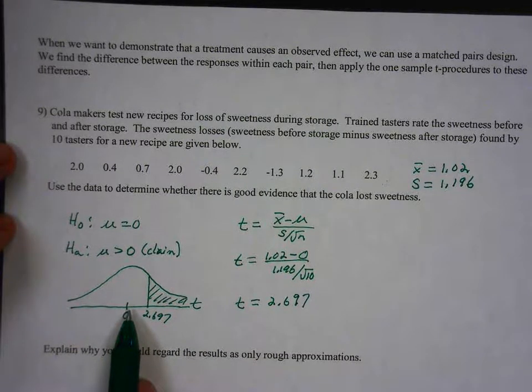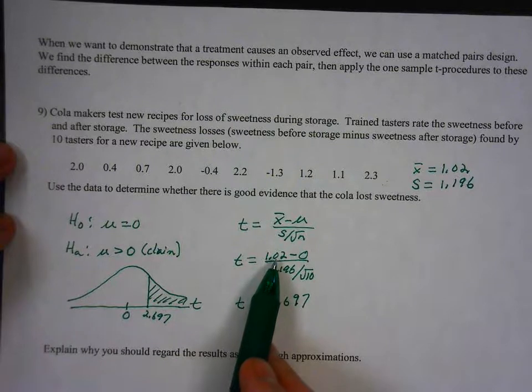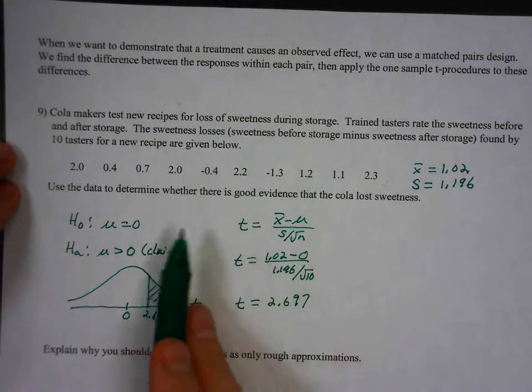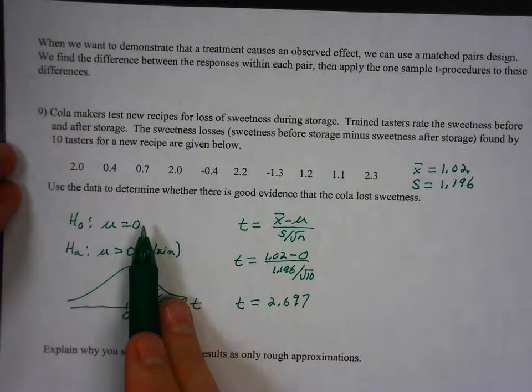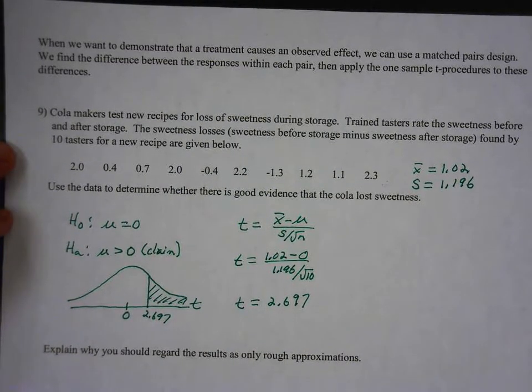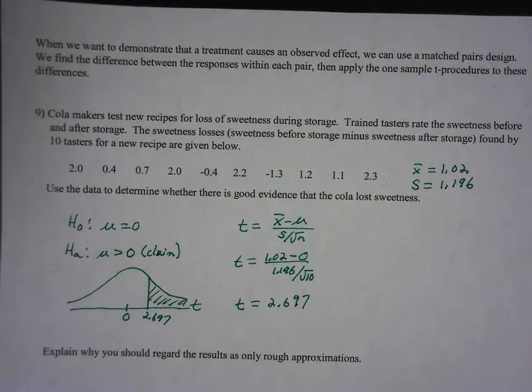Which is asking us, is the sample mean of 1.02, so if they lost 1.02 units of sweetness, is that too far away from 0 to say that 0 was a faulty assumption? With 10 data values, that's 9 degrees of freedom.